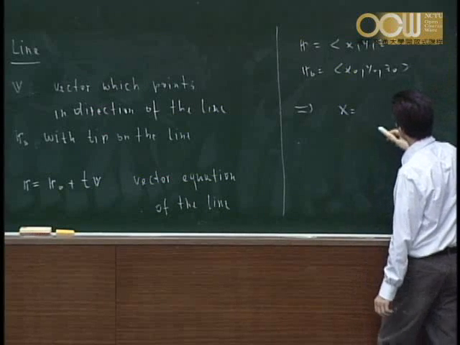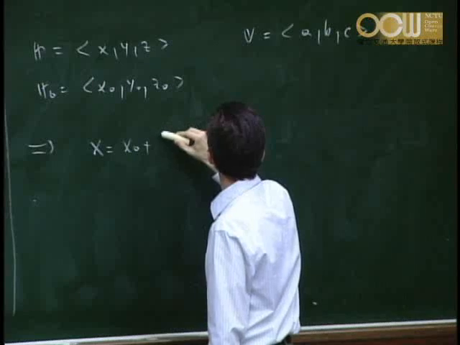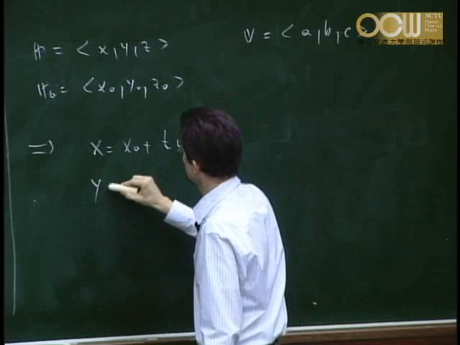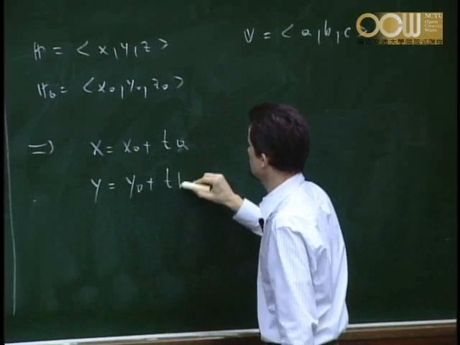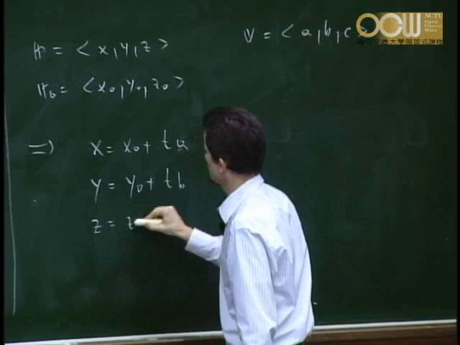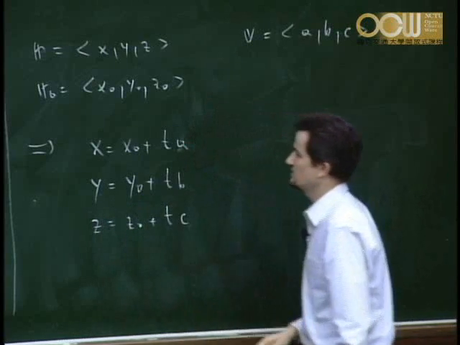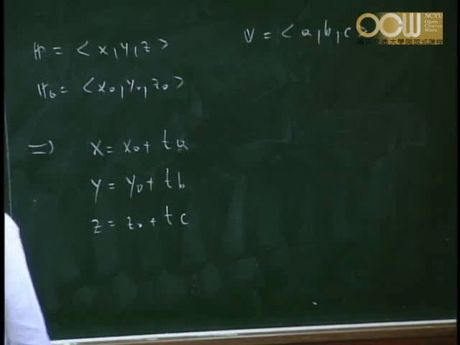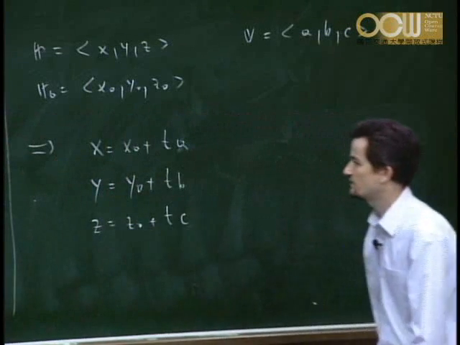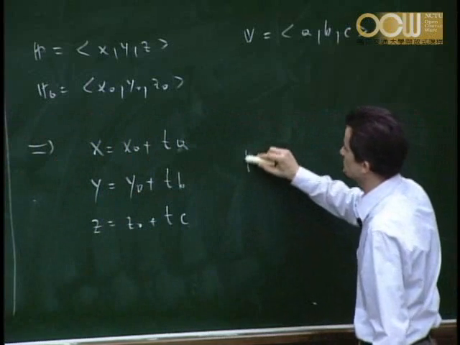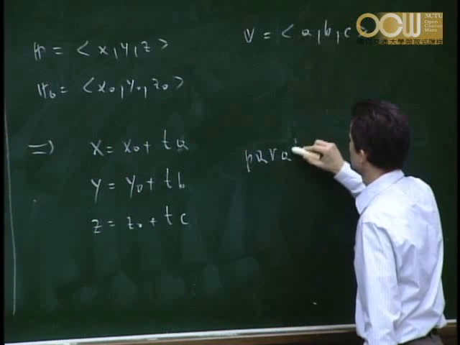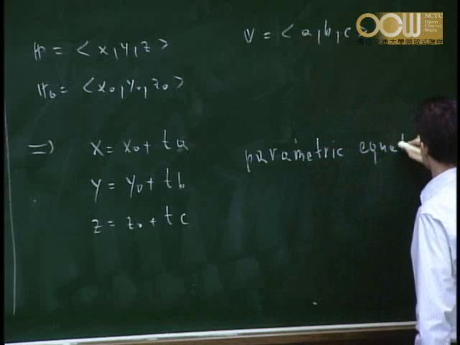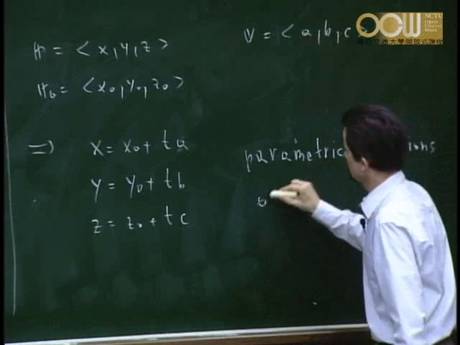So then you have x is equal to x0 plus t times a, y is equal to y0 plus t times b, and z is equal to z0 plus t times c. And this gives you another way to describe a line in the three-dimensional space, and this is normally called parametric equations of the line.